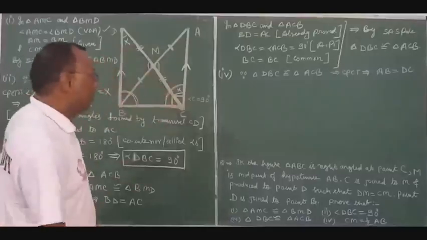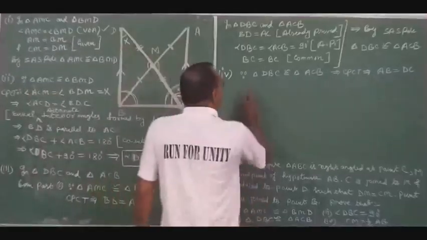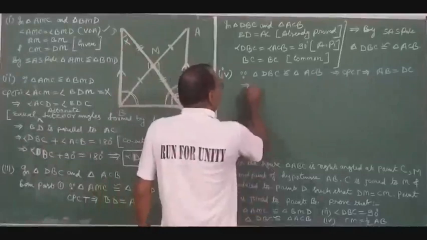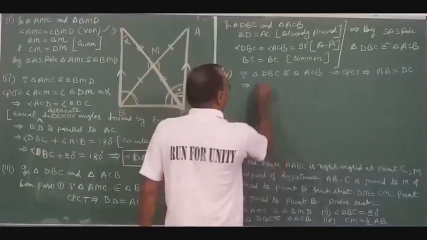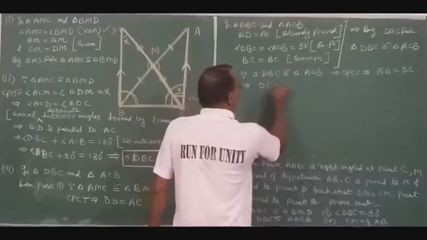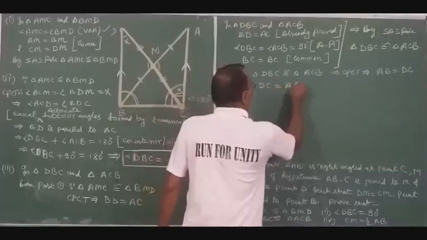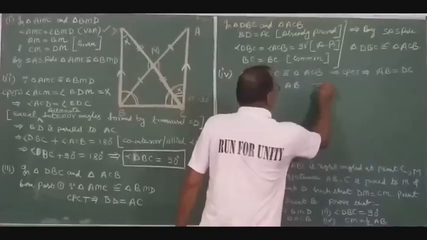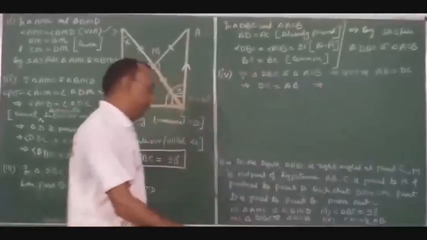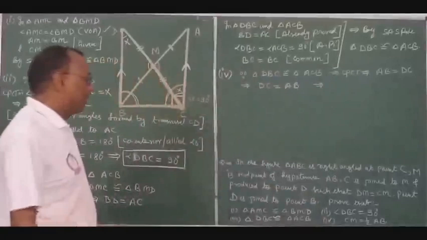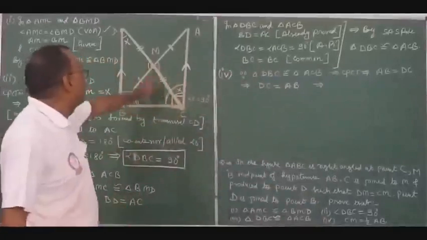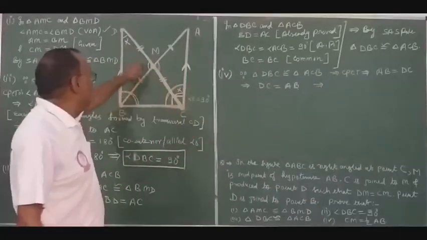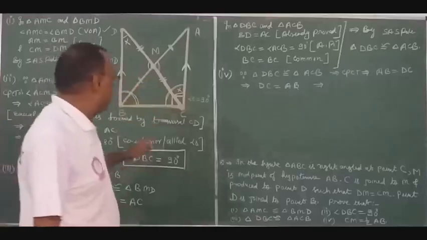AB is equal to DC, or we can change their sides and write DC is equal to AB. Now tell me, what is DC? DC is DM plus CM.